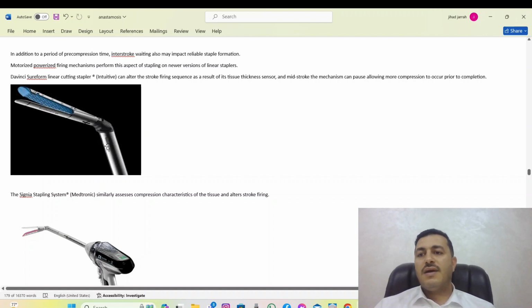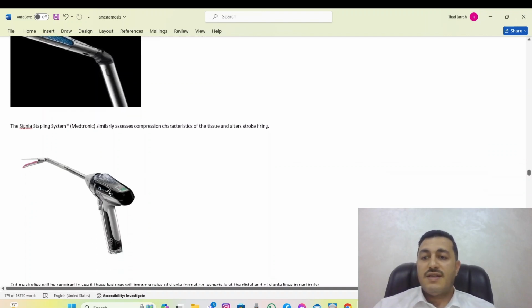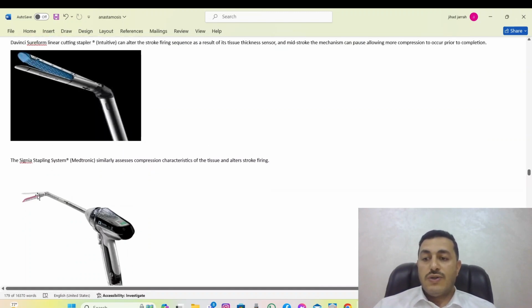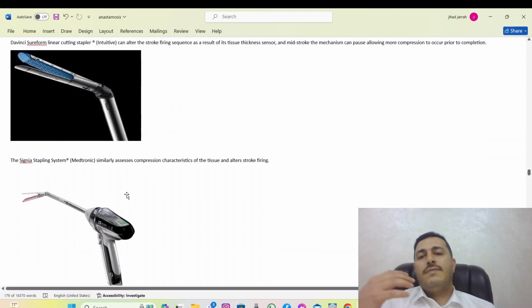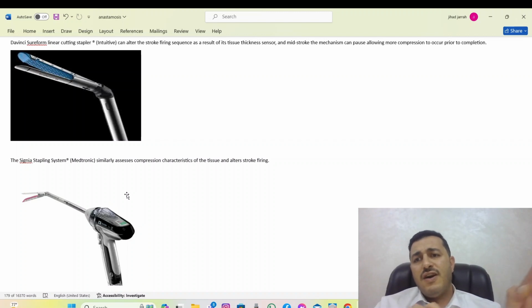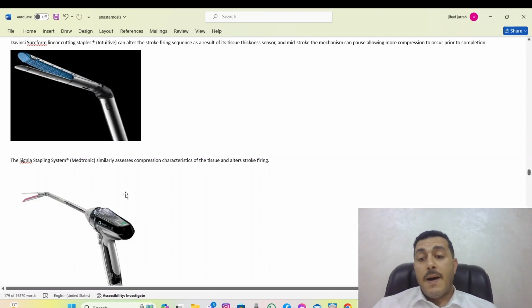So these are the articulating endoscopic staplers. This is a powered one called the Signia stapler, also articulating. They cause compression by different mechanisms, and what is discussed here is how compression could be done with a single fire, or whether we have to do multiple fires while compressing.